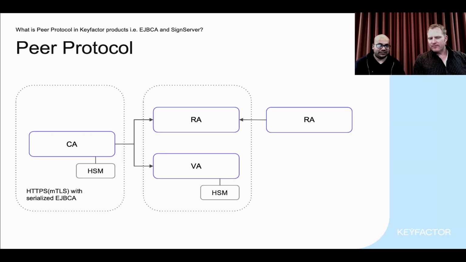And how we are achieving this is with the peer protocol. So what is the peer protocol? The peer protocol allows you to connect out from the CA to the RAs and the VAs and communicate securely.